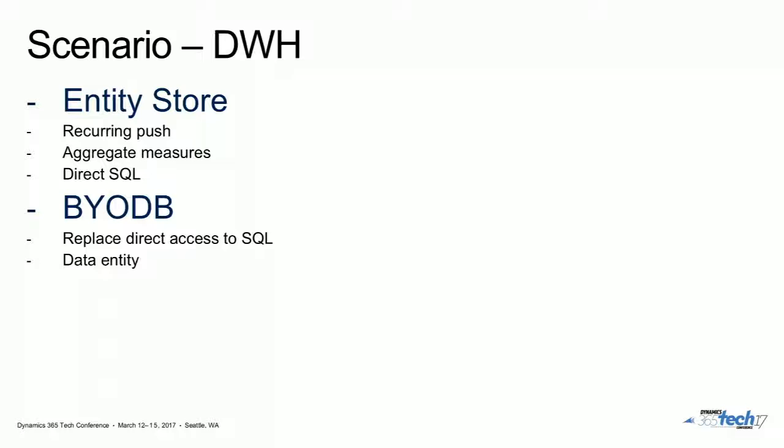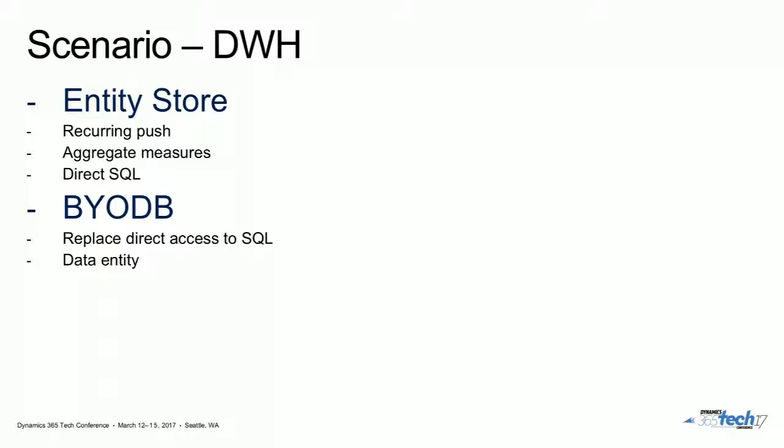The way you do it is you have something called aggregated measures. You schedule these aggregated measures, and you can refresh every 10 minutes, 15 minutes. If you're comparing it with AX 2012, think of an aggregated measure as a sales cube, a purchase cube, or an inventory cube. The cubes are replaced with the aggregated measure, and this is what you get to push to entity store.